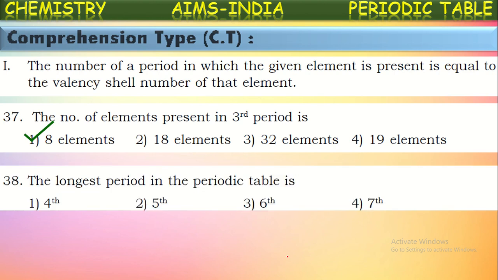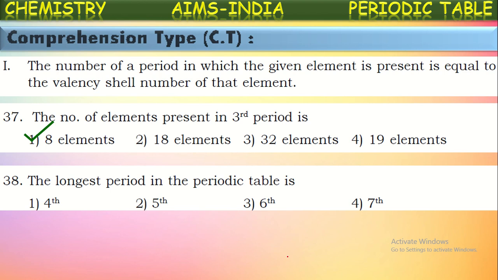Next one, longest period in the modern periodic table. Yes, the first period has only 2 elements, and the second and third have 8 elements each, so they are called short periods. The first one is called the very short or shortest period. Fourth and fifth have 18 elements each, so they are called long periods.